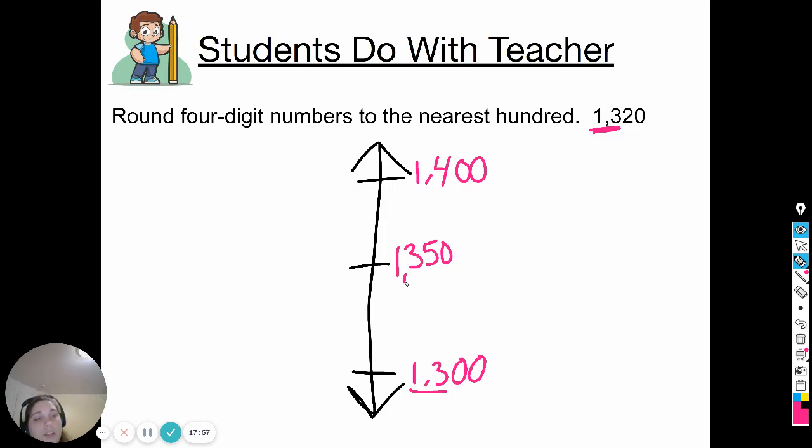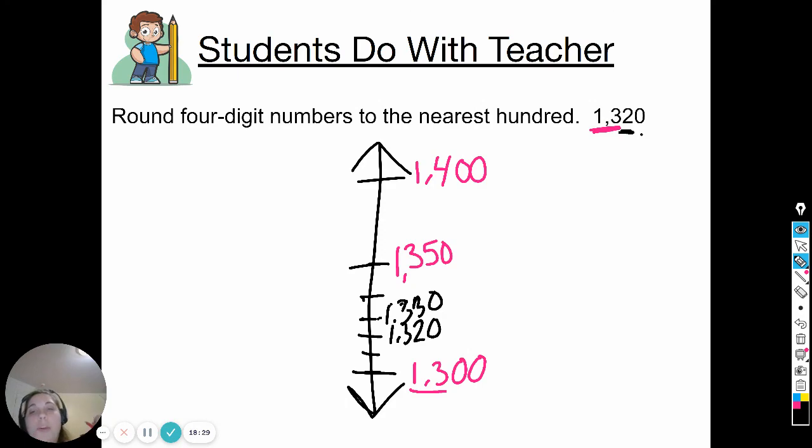Next, we're going to do our hash marks. We're going to count by tens. So I'm looking in the tens place, and I'm going to want to stop when I get to that two tens. 1,320. So we start at 1,300, 1,310, 1,320, and 1,330, 1,340.